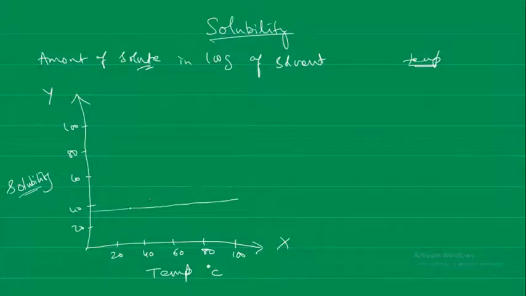When we take potassium chloride, there is a slight increase. This is sodium chloride, this is potassium chloride. We compare this with potassium sulfate, and it has still less solubility.